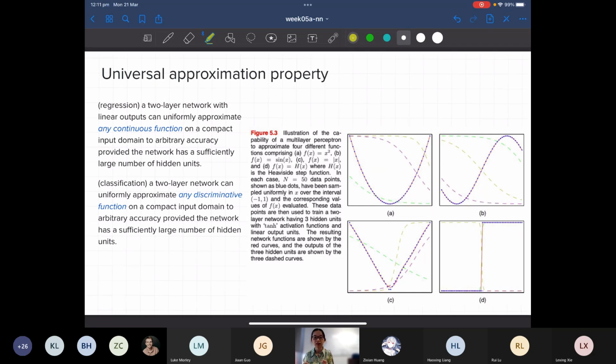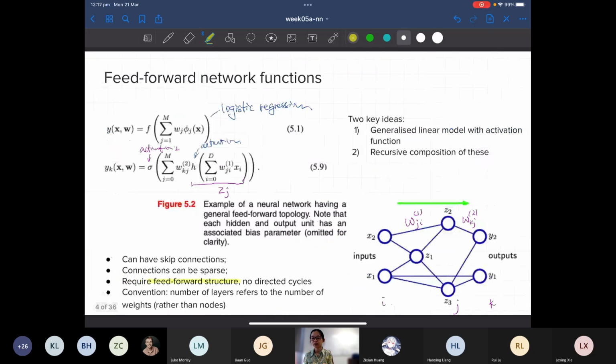announce beforehand. So Fei Yang asked, what is feed forward? One thing about neural networks is there are lots of names. It doesn't mean anything tricky, just different names. So this is the feed forward function.